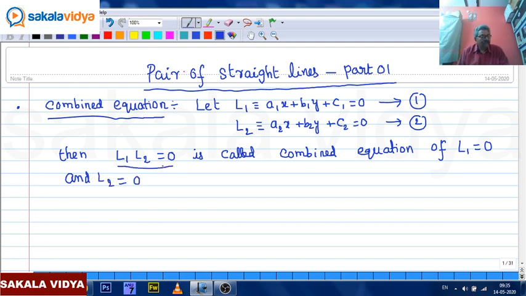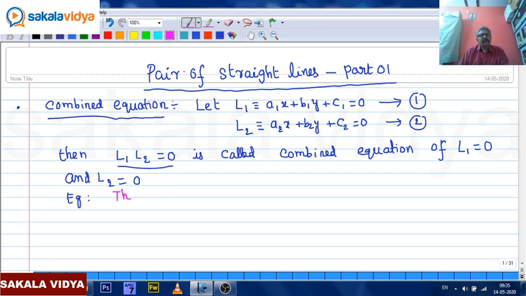This is called combined equation. L1 into L2 is equal to 0 is called combined equation of L1 is equal to 0 and L2 is equal to 0. So let us discuss one example now.